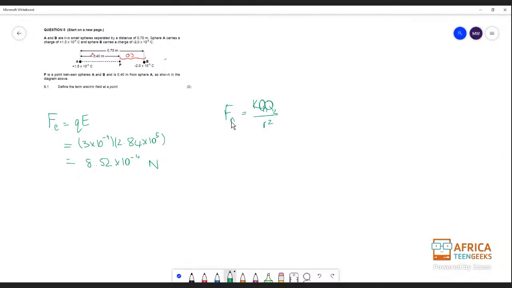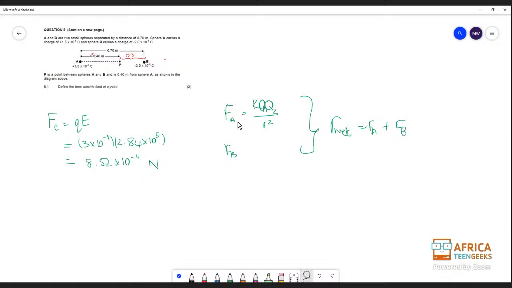So you would have found this for F of A, and then you would have done the exact same thing for F of B using this 3 times 10 to the negative 9 point charge. And then at the end, you would have added them together to get F net. So F net would be F of A plus F of B.